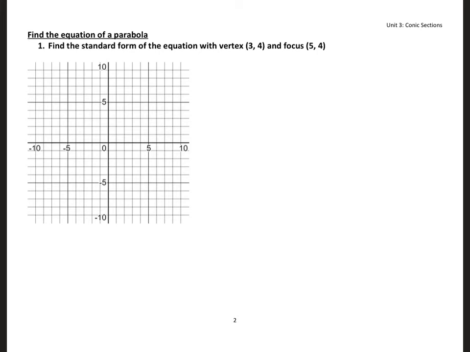Here we're going to do some examples. Find the standard form of an equation with vertex (3, 4) and focus (5, 4). You don't have to graph it, but I think when you graph it, it becomes a good visual, so the sketching here is optional.